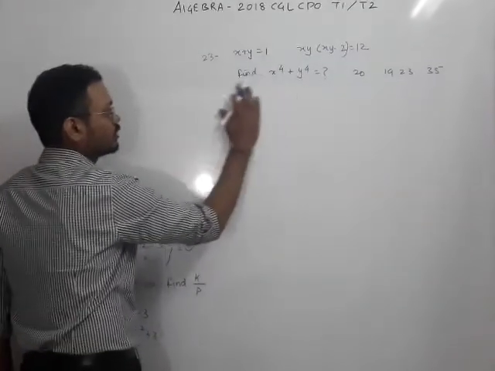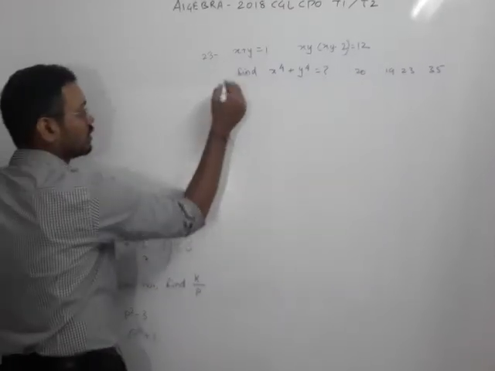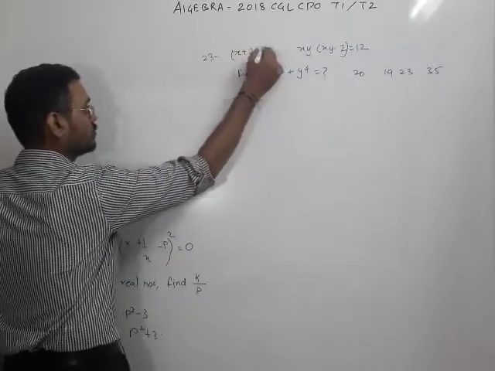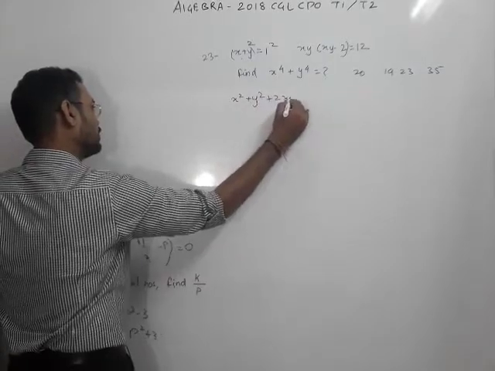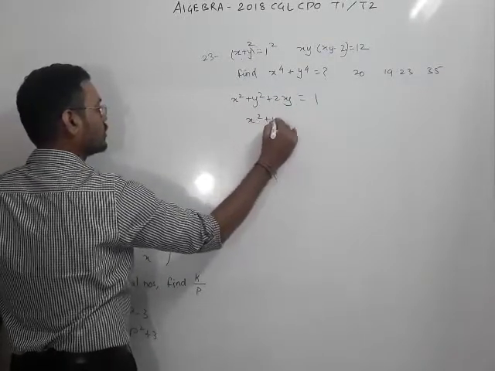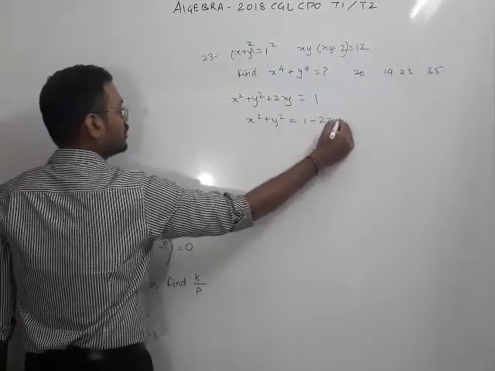I'll straight away show the solution of this. x square plus y square plus 2xy is giving me 1. x square plus y square is giving me 1 minus 2xy.